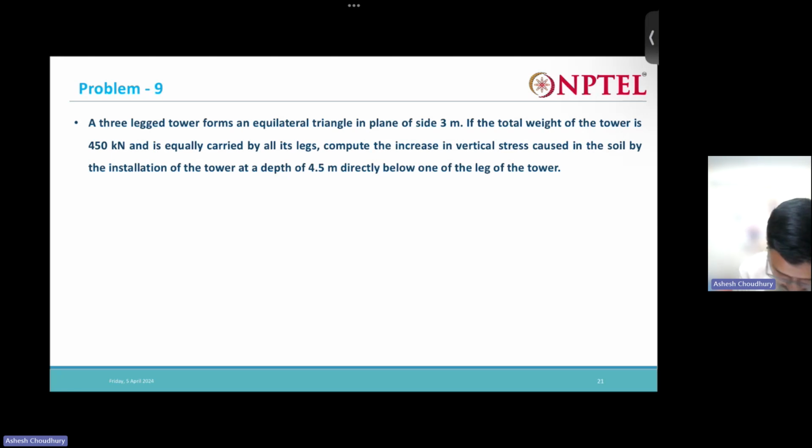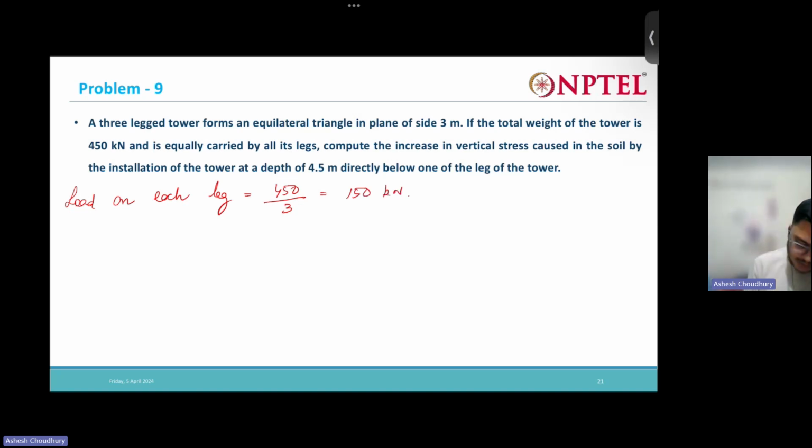Okay. Load on each leg. So now the arrangement is something like this, right? Equilateral triangle.